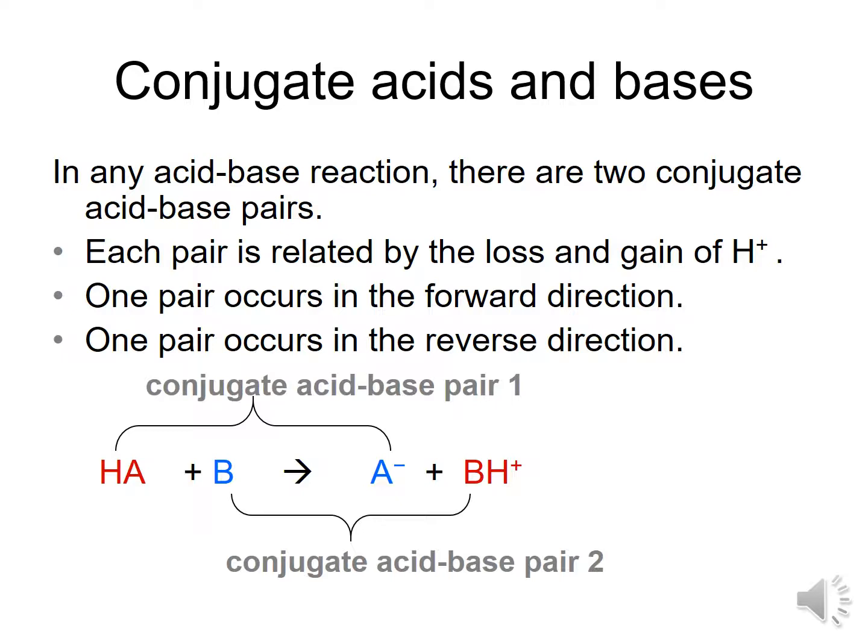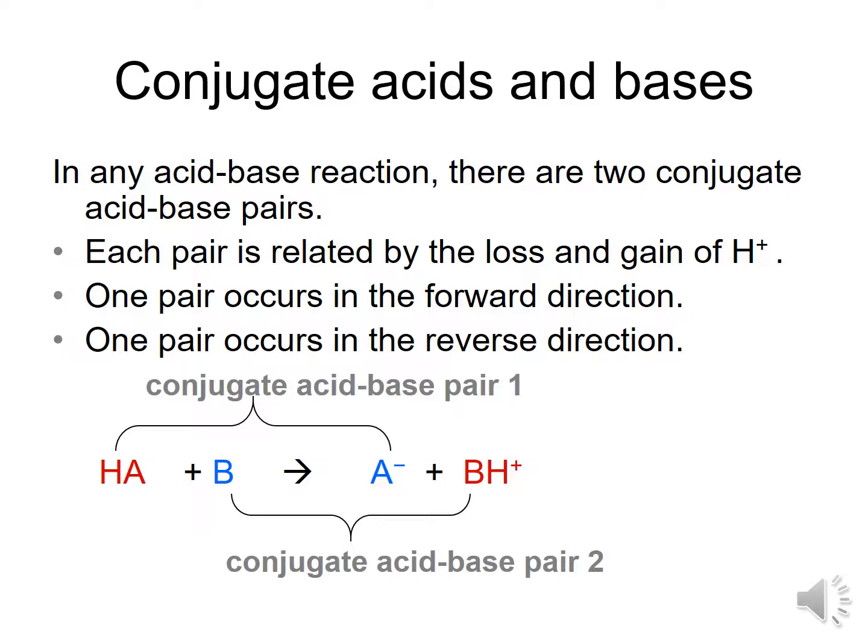That's the first one. But the base, here represented as B, when it accepts H plus from the acid, it becomes its acid form. So B is the base form, BH plus is its acid form, and so B and BH plus make a conjugate acid-base pair as well. So you typically have two conjugate acid-base pairs in every acid-base reaction.